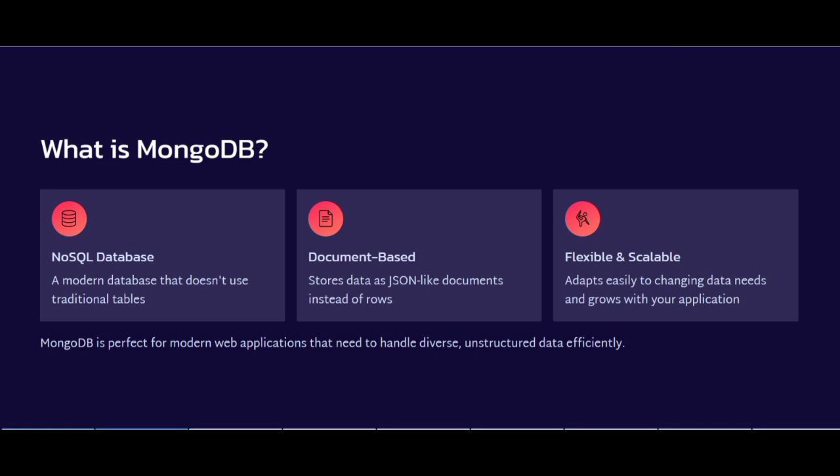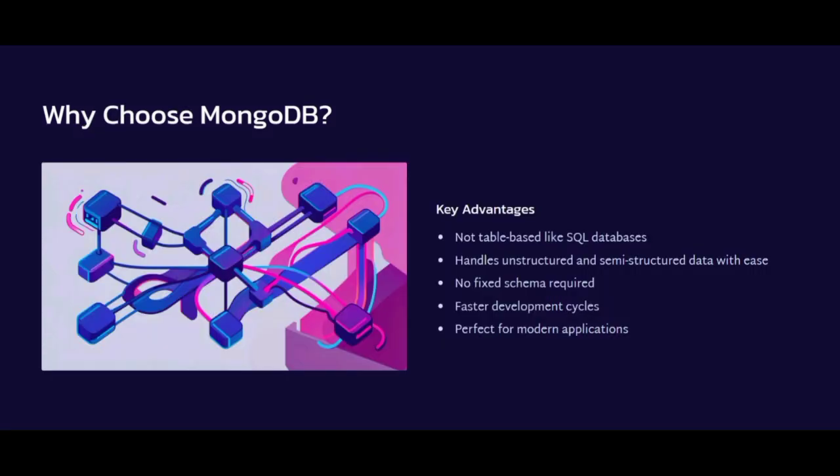Vertically scalable means it will upgrade the existing server, but in the case of NoSQL, it is going to add servers if there is a large amount of data. So MongoDB is a NoSQL database, it stores the data as JSON-like documents, we are not going to predefine the schema of the documents, and it is horizontally scalable.